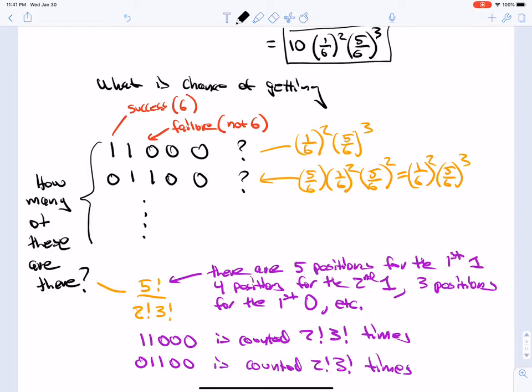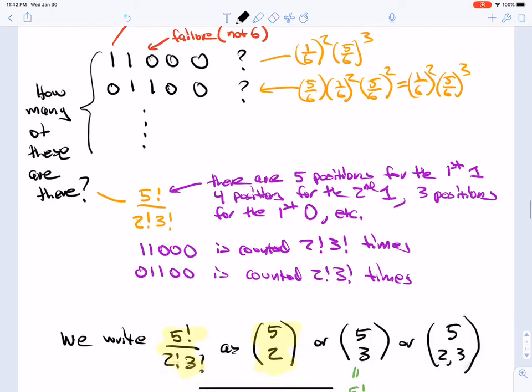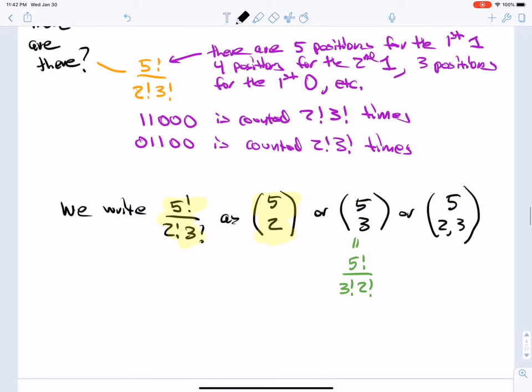So that gives us 5 factorial different permutations of 1 1 0 0 0, but the 2 1s are indistinguishable and the 0s are indistinguishable, so we have to divide by 2 factorial and 3 factorial, and that is 10. We can write 5 factorial over 2 factorial times 3 factorial as 5 choose 2, or 5 choose 3.